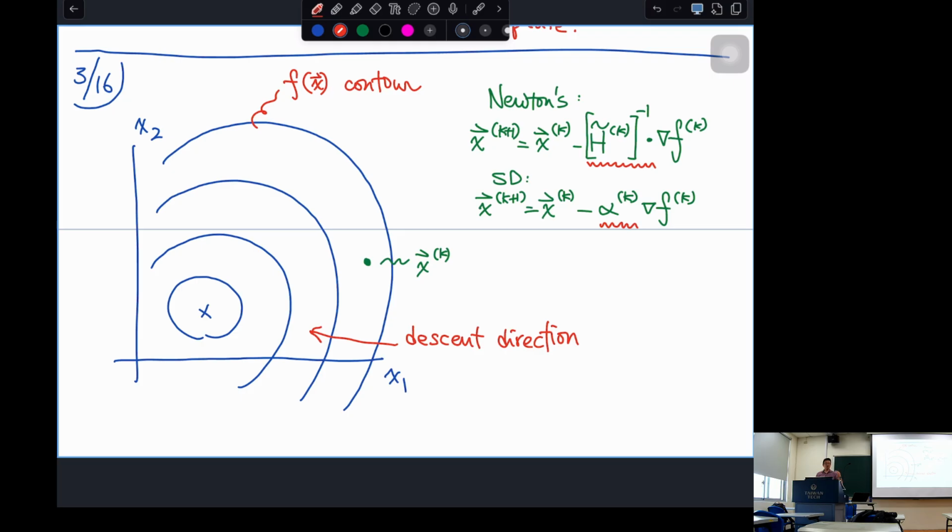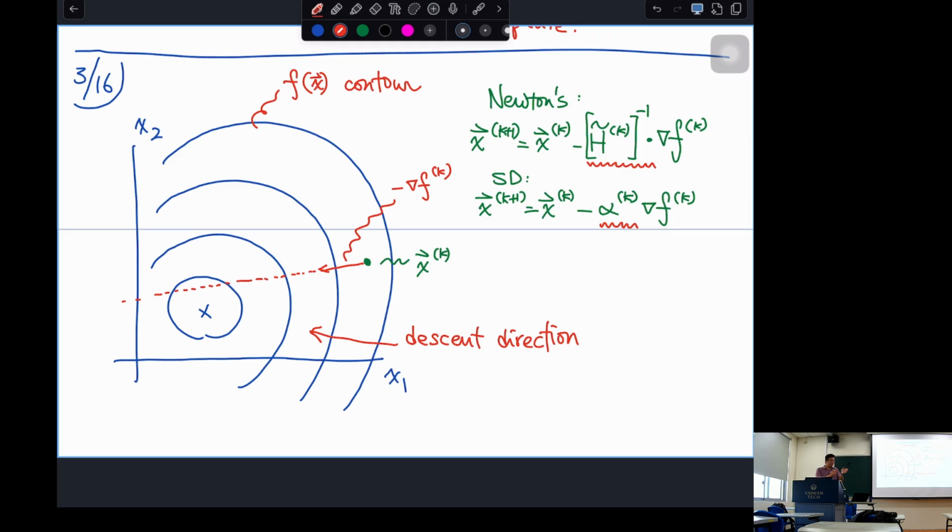You need a sub-problem, a secondary iteration, additional iteration, to find out what is the step size, how far you go along this direction. So if you make a drawing of the negative gradient direction, this is the negative gradient direction, right? So it doesn't point to the optimal solution.